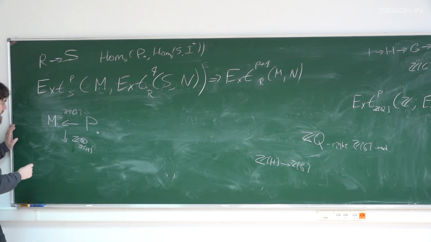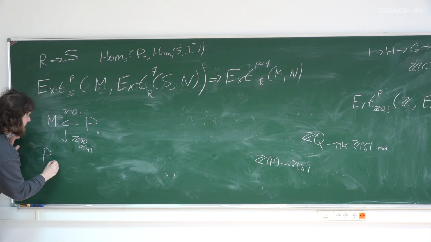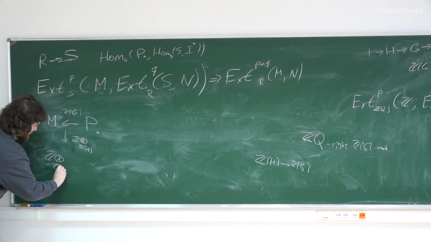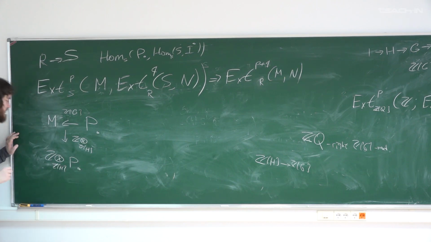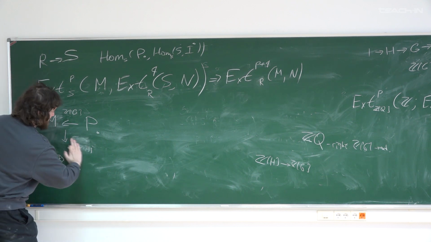Okay. What I obtain is Z over ZH tensor P dot. This chain complex computes its homology. I need cohomology. I need Hom. Oh, it's not important.